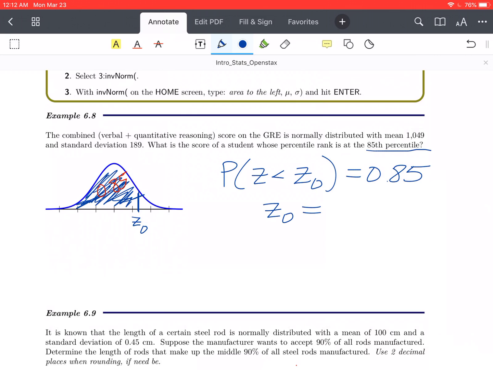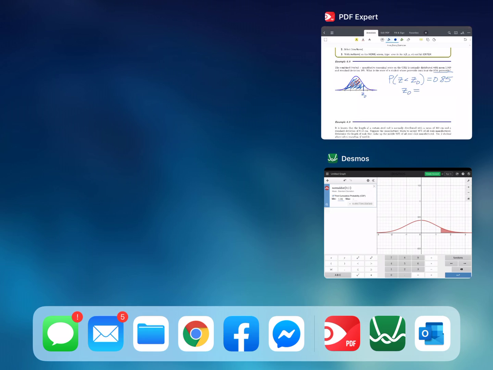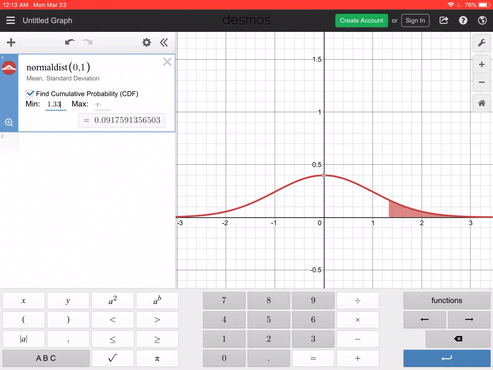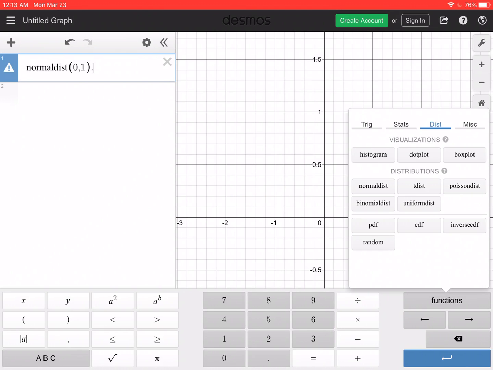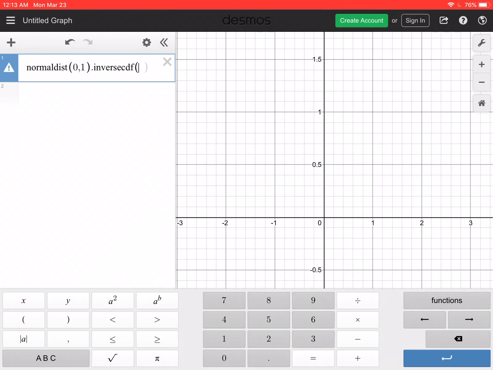So to do this on Desmos, if we were using a table, we would know how to read the table this way, but using Desmos, there is a function that allows us to do this. So if we go back to our normal distribution, let me turn off the cumulative probability. You type normal distribution 0, 1, and then you put a period, and you'll see inverse CDF right here, put that in, and then you put whatever percentage lies to the left of your data point.